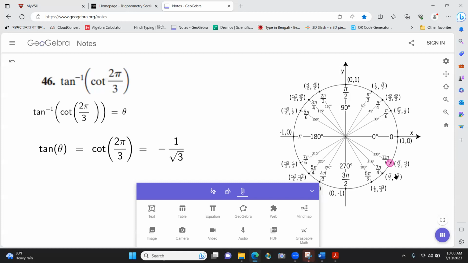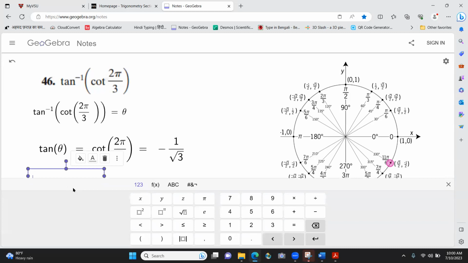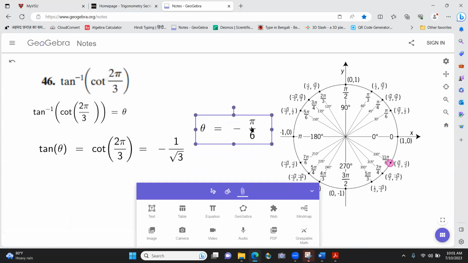So that allows me to conclude the answer: theta is negative pi over 6. Right here, that's your answer.